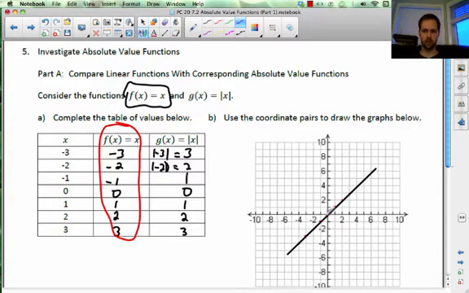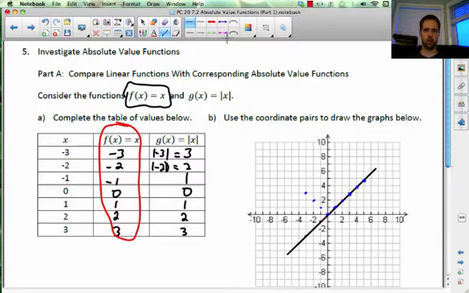So when x is -3, y is 3. When x is -2, y is +2. -1 is 1, 0 is 0, and then over here we have all the same points as the other function.